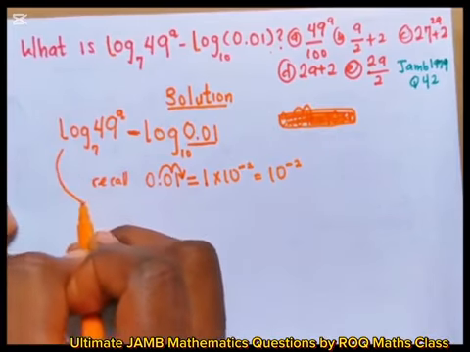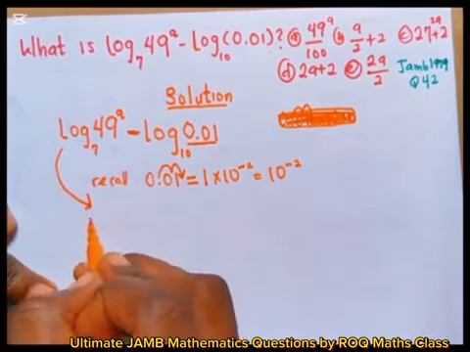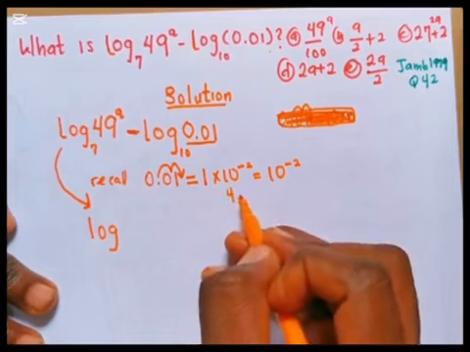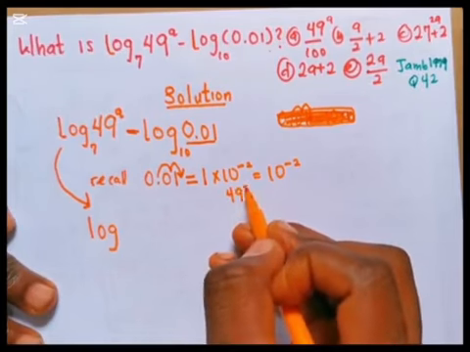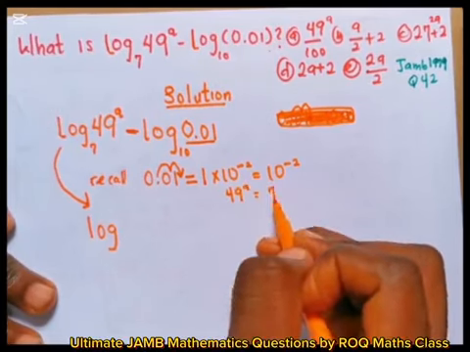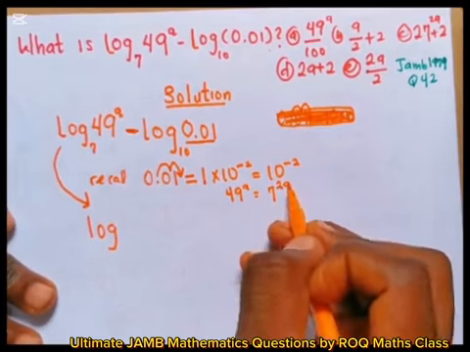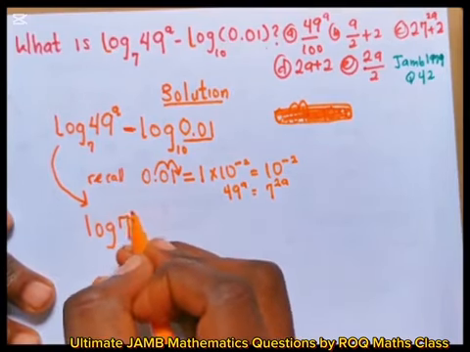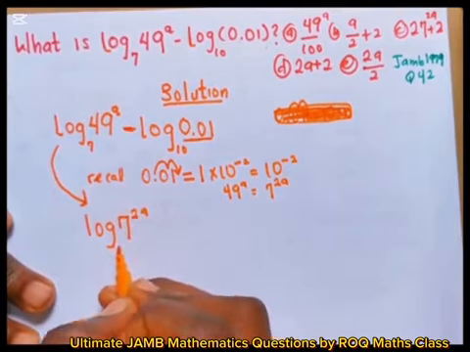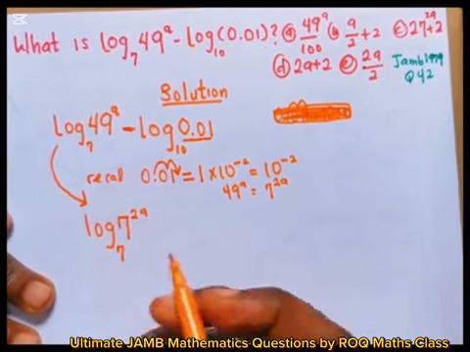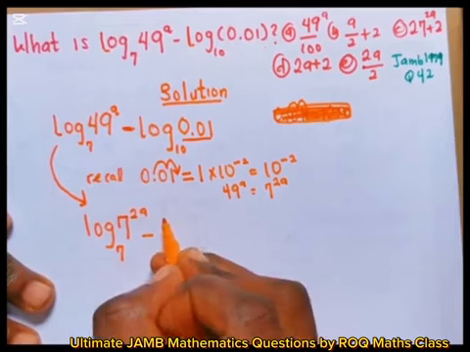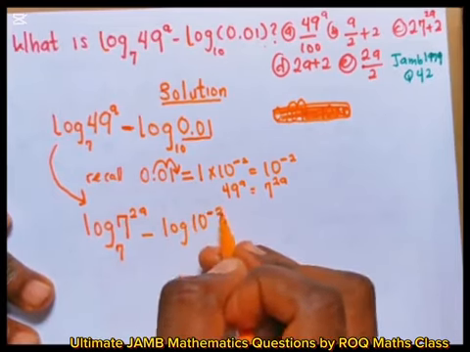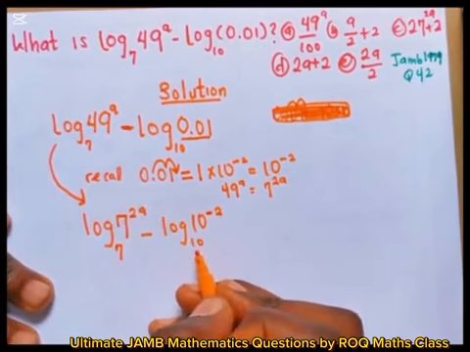So I can write this back as the log of, and again, 49 to the power of a is the same thing as 7 to the power of 2a. So I'm going to have log of 7 to the power of 2a base 7 minus log of 10 to the power of minus 2 base 10.